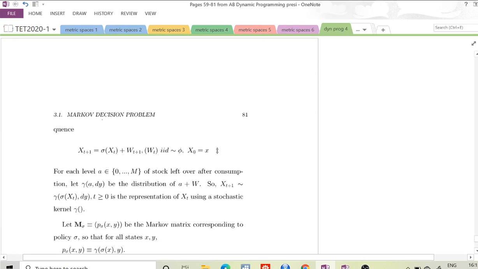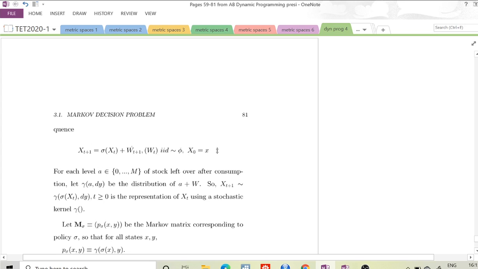This is how the state variable will evolve if I choose my stationary policy of storage to be sigma. Tomorrow's fish, x_{t+1}, if it's x_t today, will be what is stored, sigma of x_t, plus what is caught, W_{t+1}, with W_t IID and x_0 given to be x.